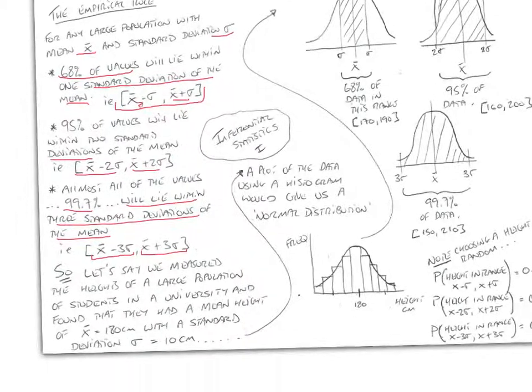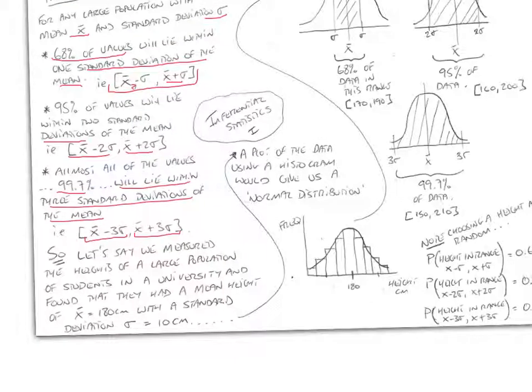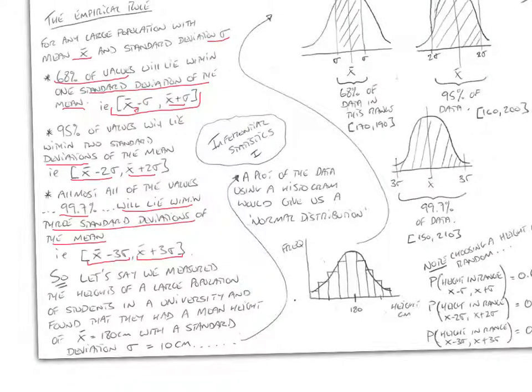So as we say here, let's say we measured the heights of a large population of students in a university and found that they had a mean height, x bar, equal to 180 centimetres and a standard deviation from this of 10 centimetres.